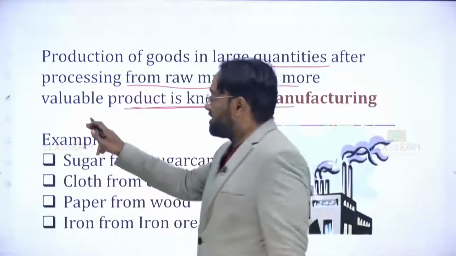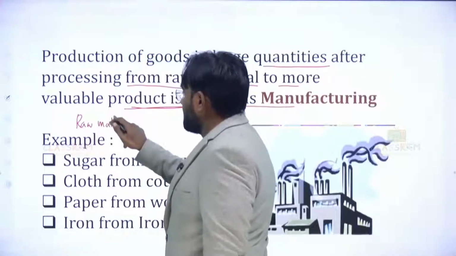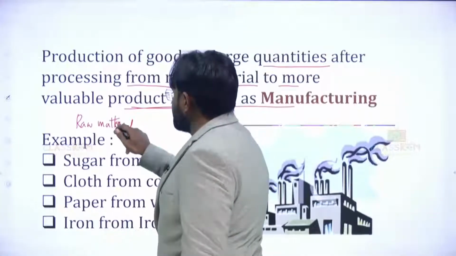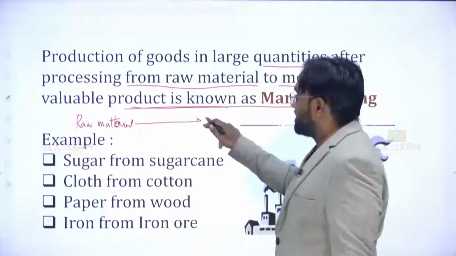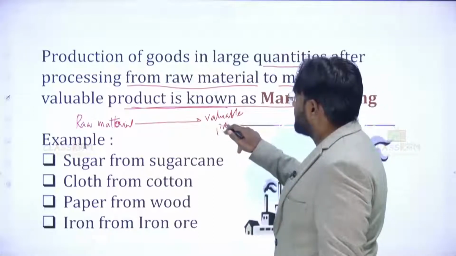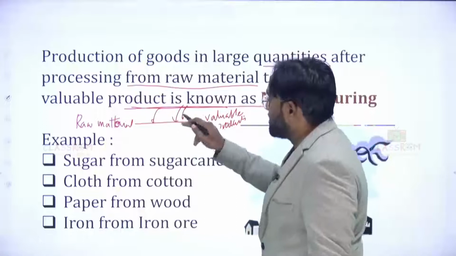So, what is happening here? You are taking a raw material, and you are using this raw material to prepare valuable products. You are putting some value into this raw material.